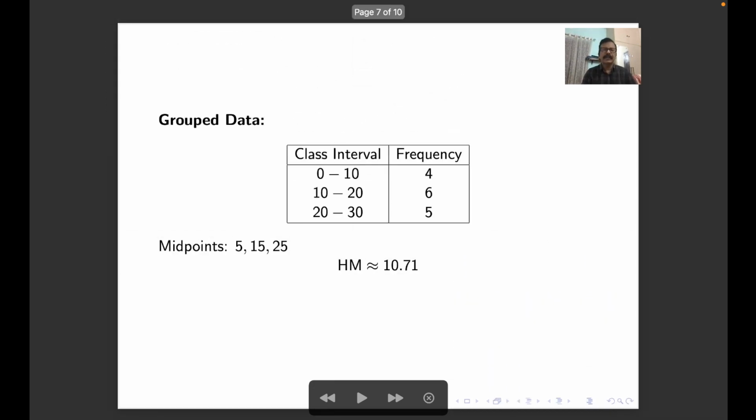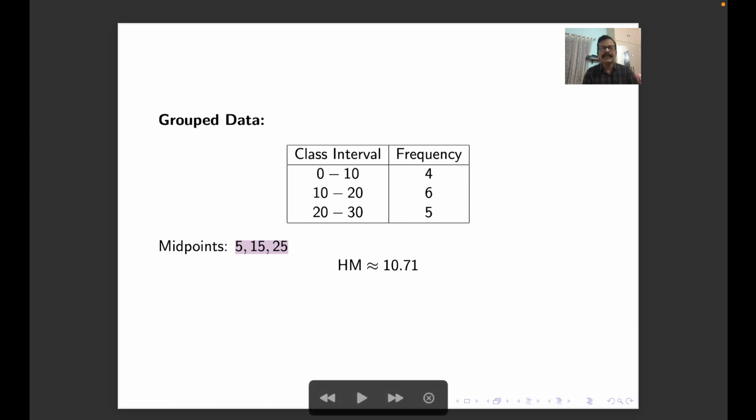In case of a continuous frequency distribution, here there are class intervals 0 to 10, 10 to 20 and 20 to 30, and corresponding frequencies 4, 6 and 5. We can find the midpoints as we did earlier, 5, 15, 25.